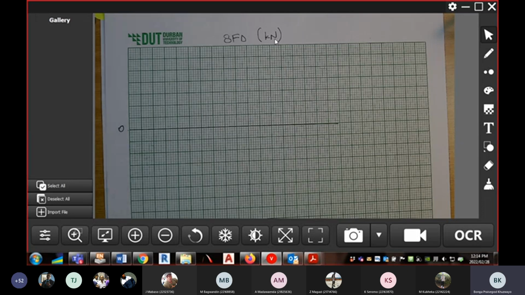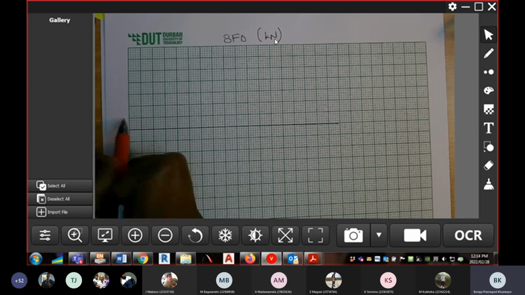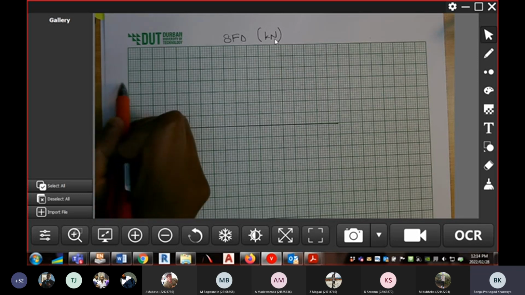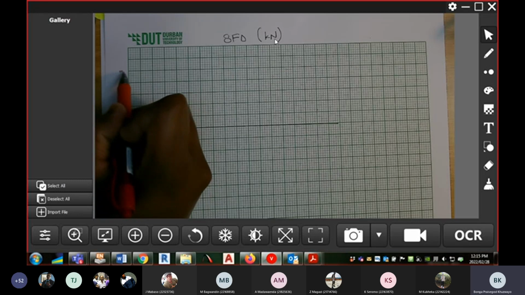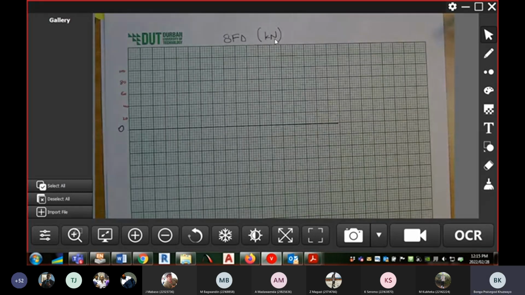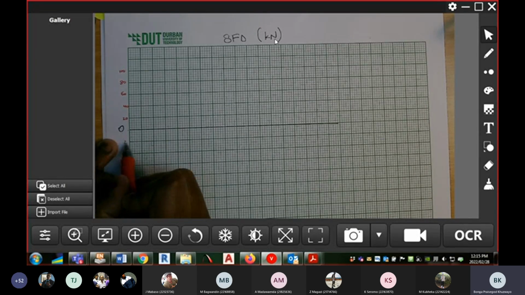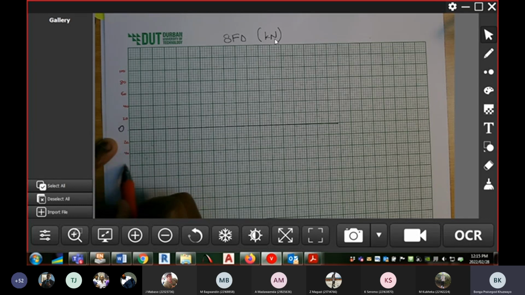So we set 0 here, then we've got 20, 40, 60, 80, 100. This is just a guide, right? Because this is the first time we're doing it. And then this side we've got 20, 40, 60, 80, 100.